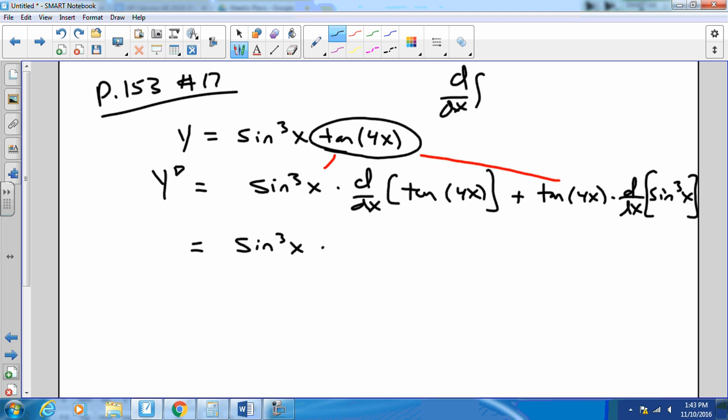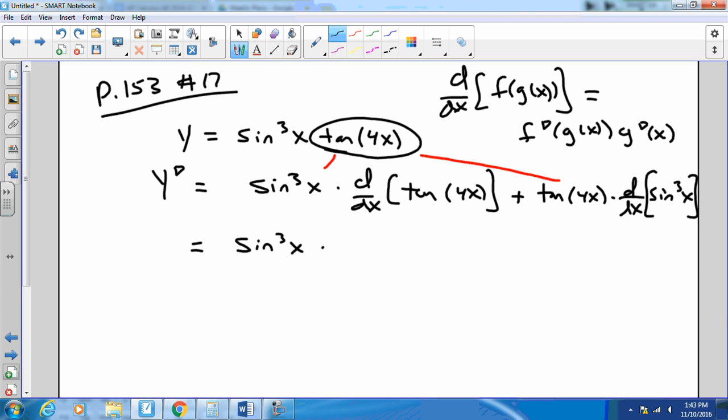Okay, 13. Take a look at the form again of the chain rule. d/dx of f of g of x is f prime of g of x times g prime of x, or as we sloganize it, the derivative of the outside times the derivative of the inside. Notice that it's the derivative of the outside, not the outside itself.